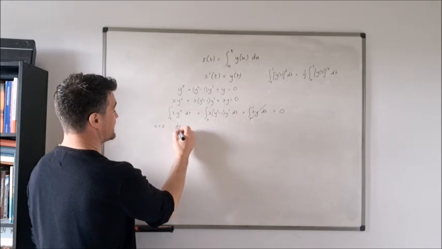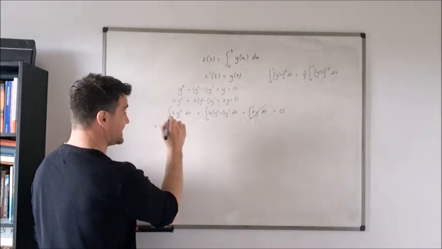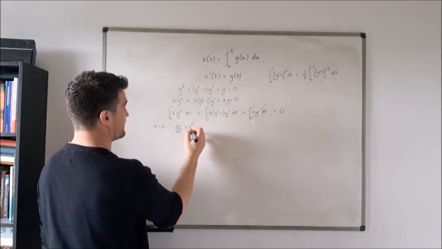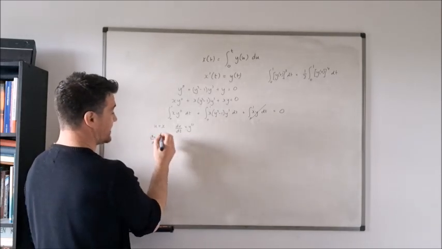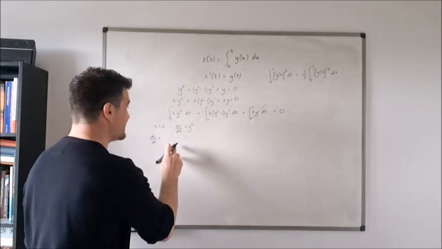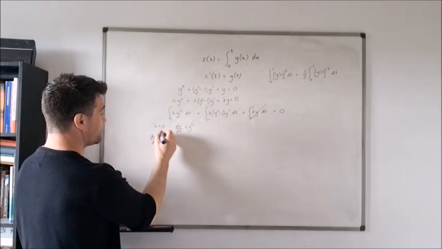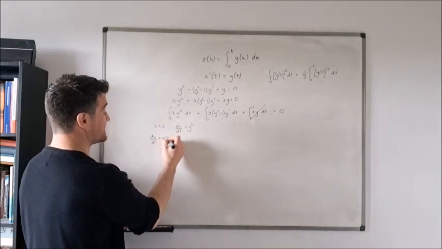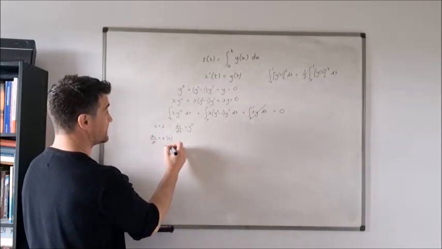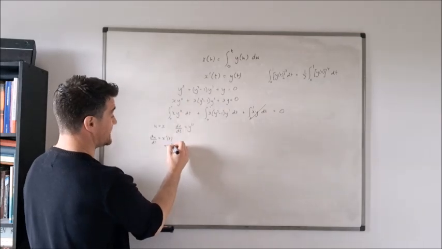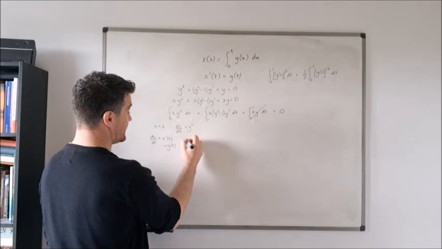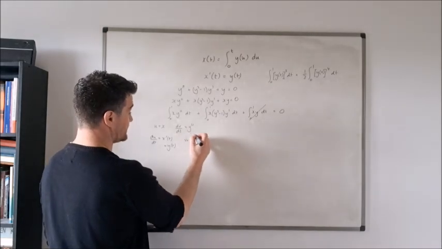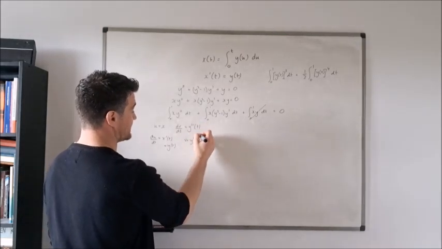So dv by dt is going to be y double primed. du by dt, and remember, I am differentiating here with respect to t, du by dt is going to be x primed of t, which is, of course, equal to y of t. And what's this going to be? This is going to be v equals y primed. So sometimes I write the t, sometimes I don't.